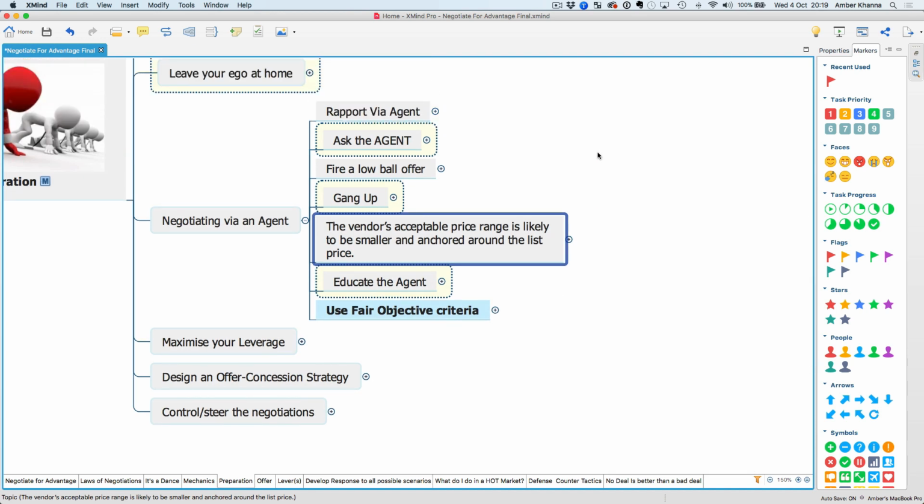So every time a vendor receives a really low offer, his maximum price that he wants starts dropping down. It's like anytime you hit them below the knees, they hunch a little bit, and they mentally start getting prepared for a lower offer. Now, not all of them are like that, but I've seen the majority of them are.